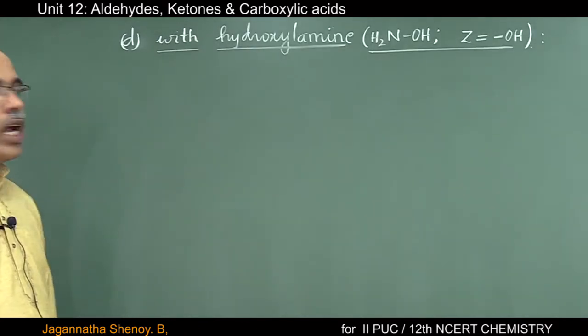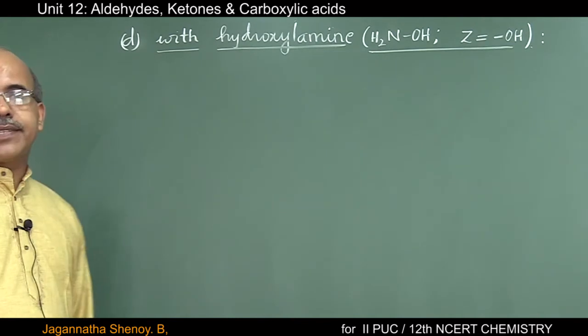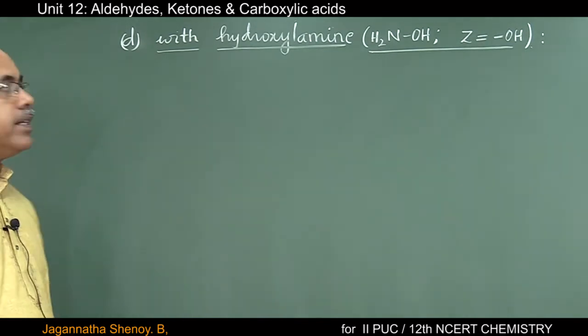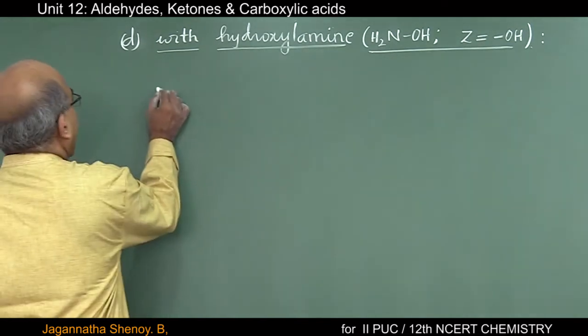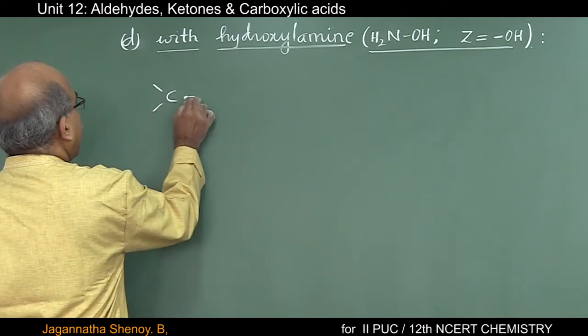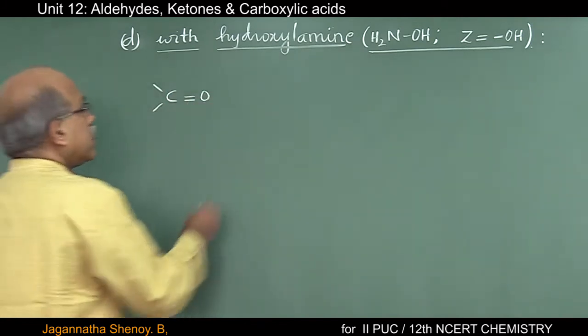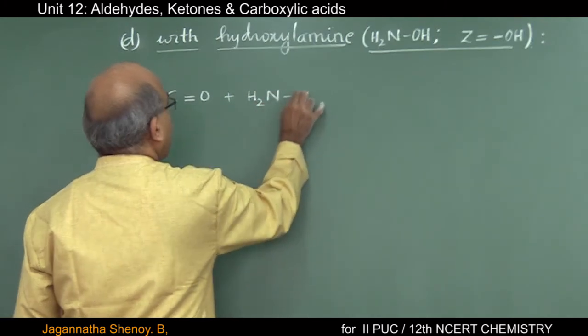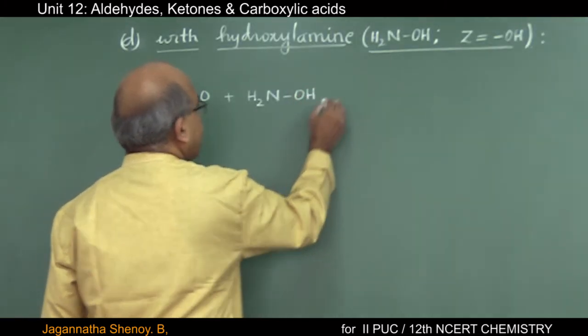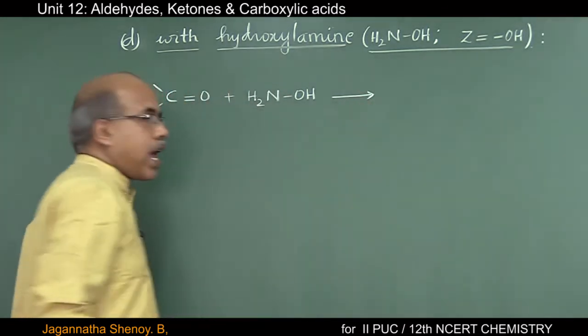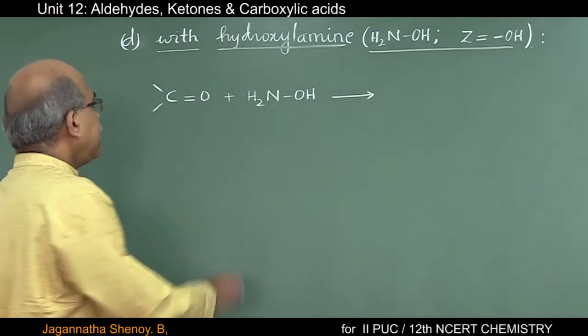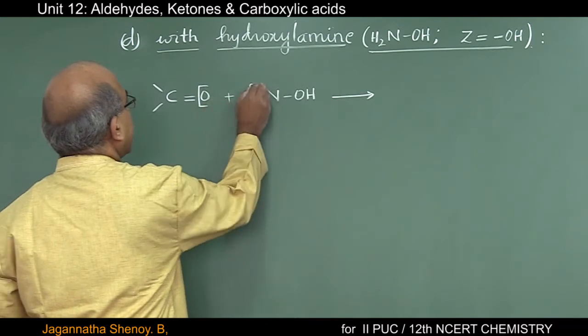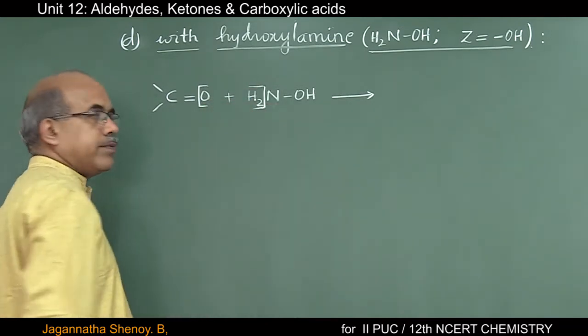The next ammonia derivative I consider is hydroxylamine. I'll write the equation, start from the carbonyl group, treat it with hydroxylamine NH2OH. As I told you earlier, the reaction should be carried out in weakly acidic medium. You know how to write the structure of the final product.